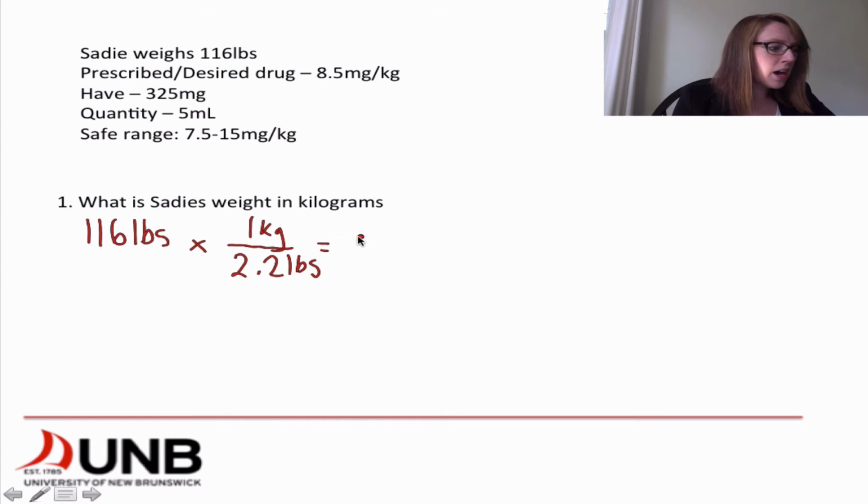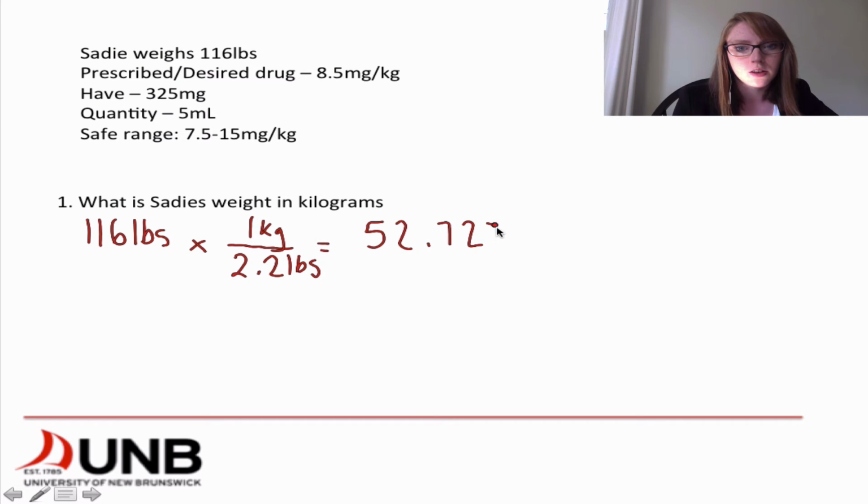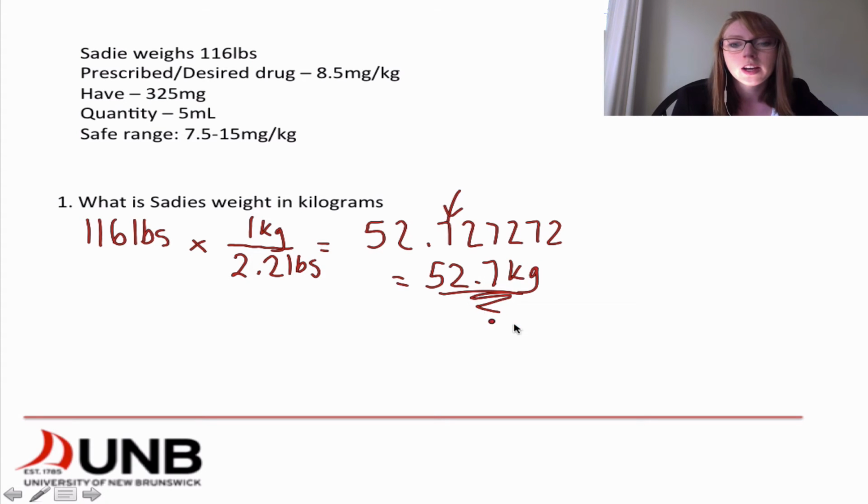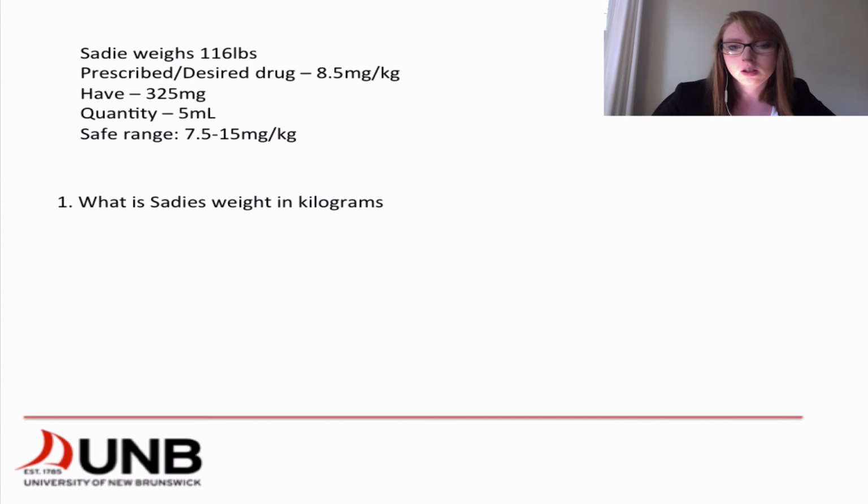So when you do this math, you're going to multiply it all out, and your answer is going to be 52.72722. Okay, but we want to round to the tenth position because this is the weight that we want. So we know, too, it's not going to round up, that Sadie weighs 52.7 kilograms. And this is the weight that we're going to be using to do the rest of our questions.